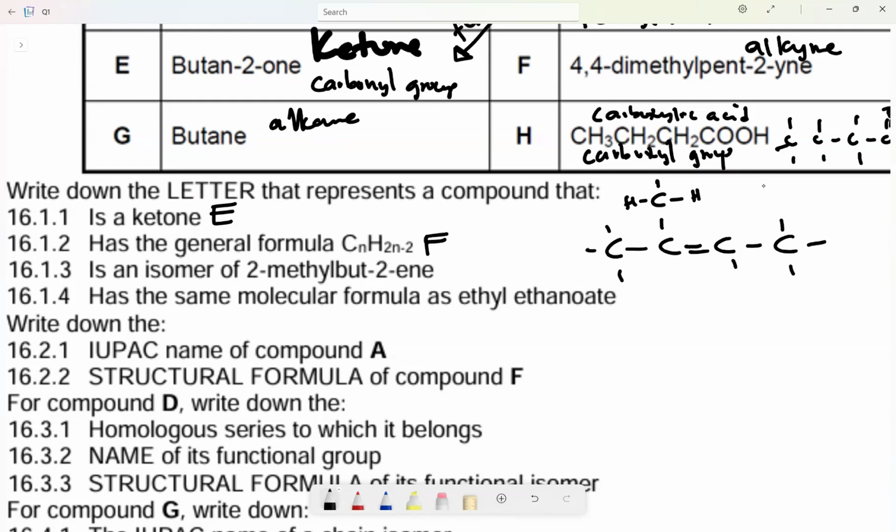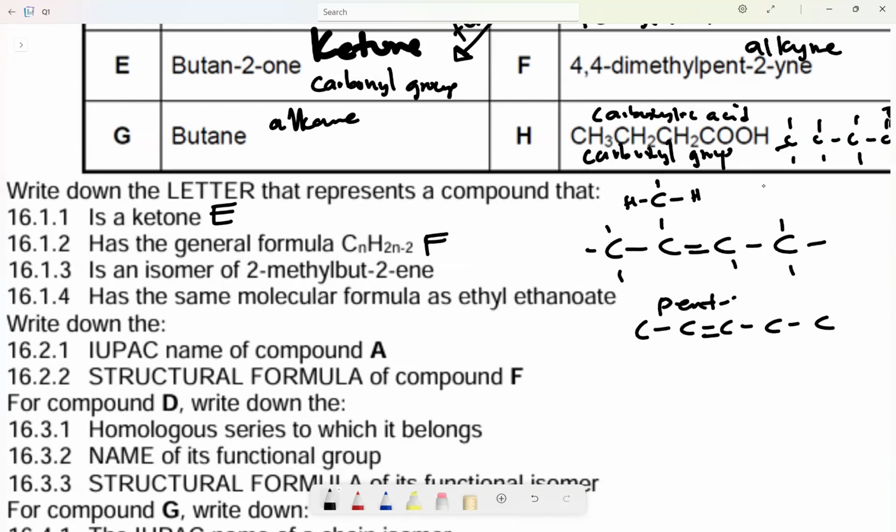Remember, an isomer of this one can be a chain isomer, okay? A chain isomer can either be a straight chain isomer, maybe something with five carbons, but the same functional group on carbon number 2. Do we have a 1, 2, 3, 4, 5 pent?